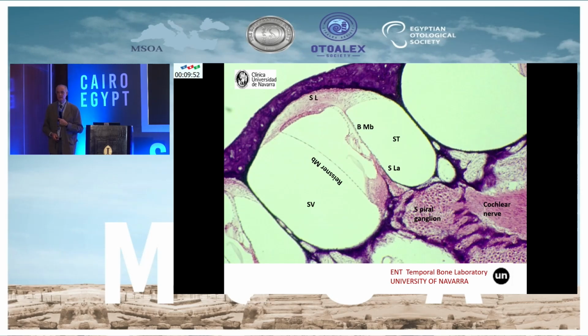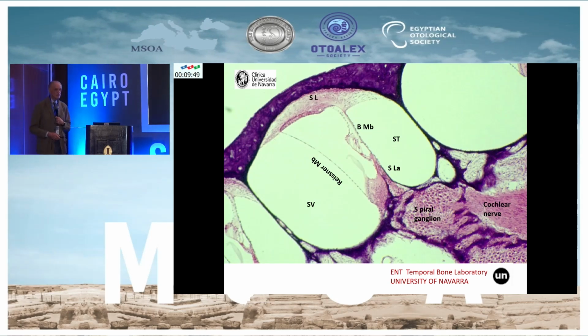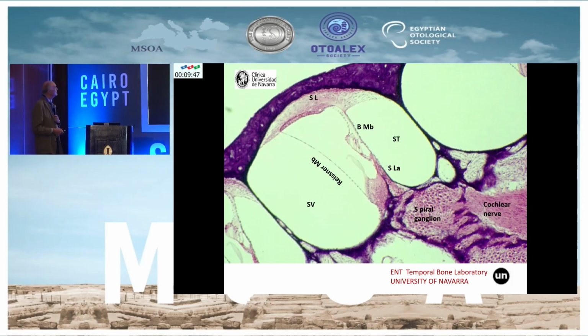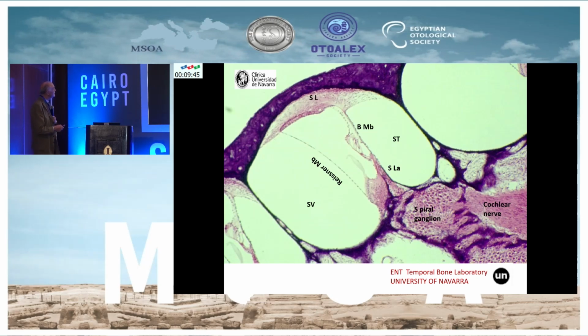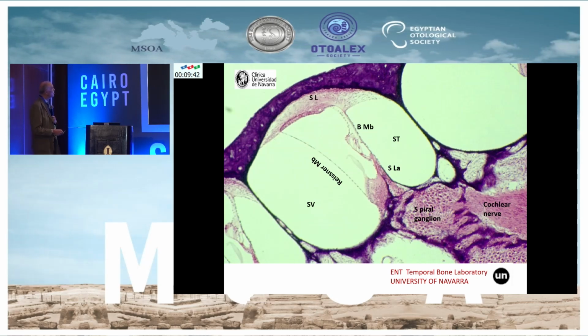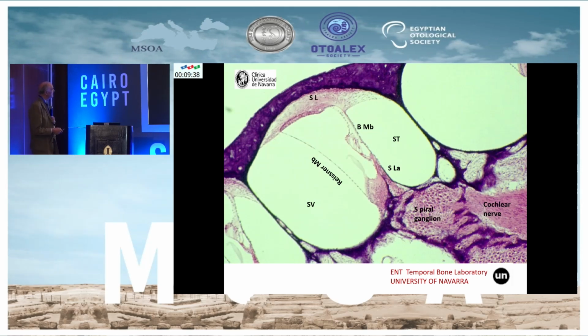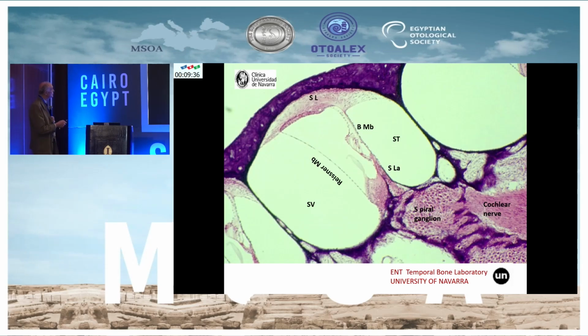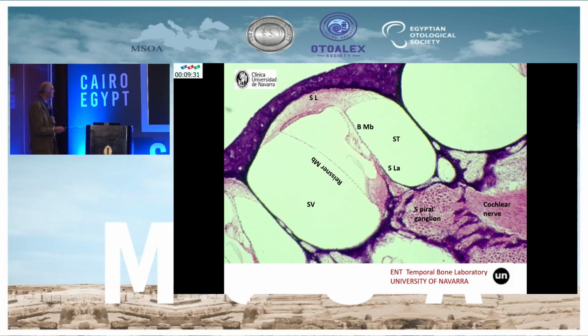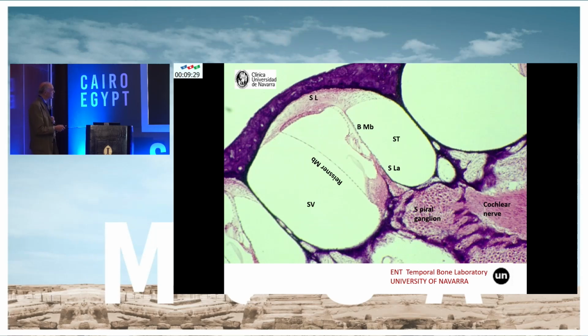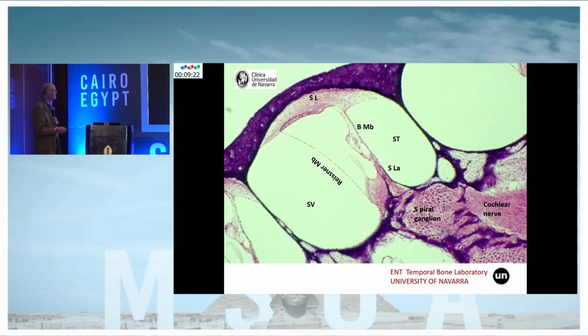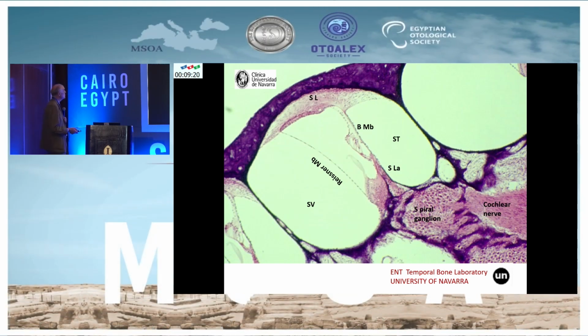Again, we can observe how nice the section of the cochlea is. This is the scala vestibuli, the Reissner membrane, the tectorial membrane, the organ of Corti on the basilar membrane, the scala tympani, the lamina spiralis, with the dendrites of the first neuron of the cochlear nerve, the spiral ganglion in the modiolus, and these are the axons in the modiolus.